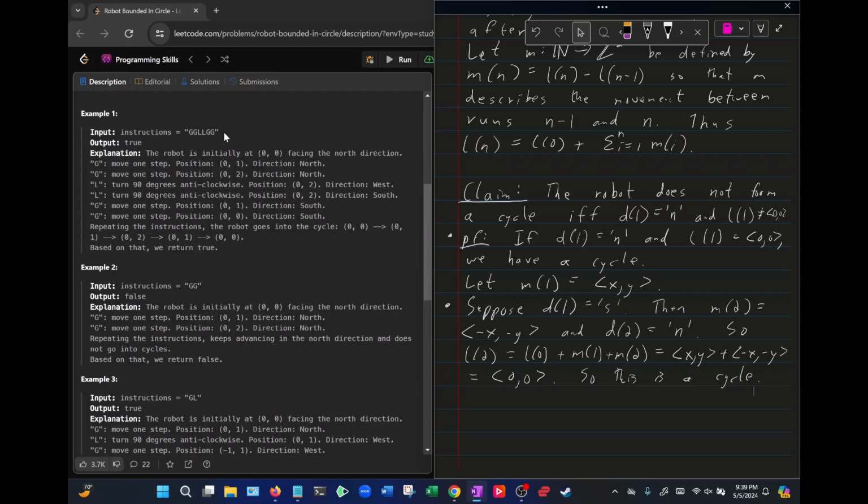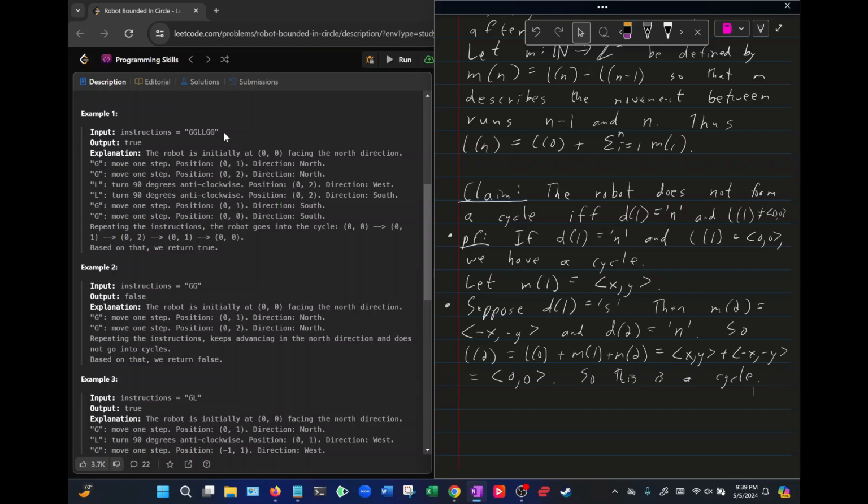And you could use the length of the cycle, or the length of the instructions, to determine this. And so then you would be able to define this point relative to the first time the robot went through the cycle.